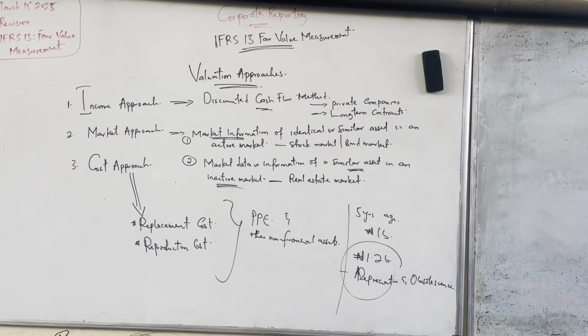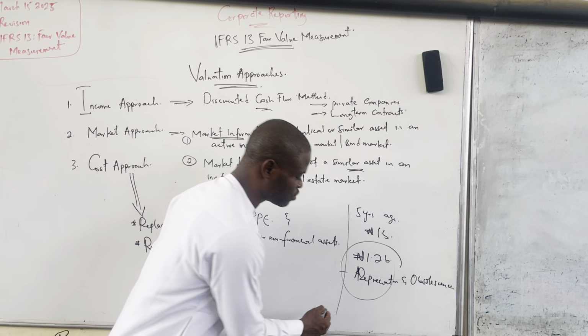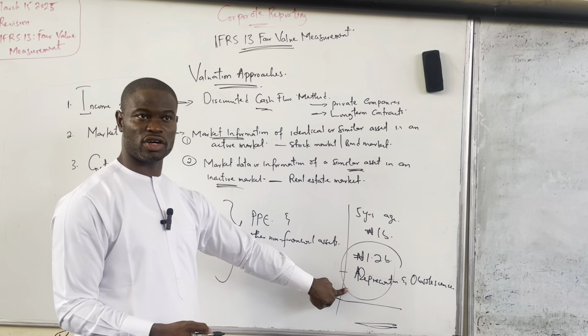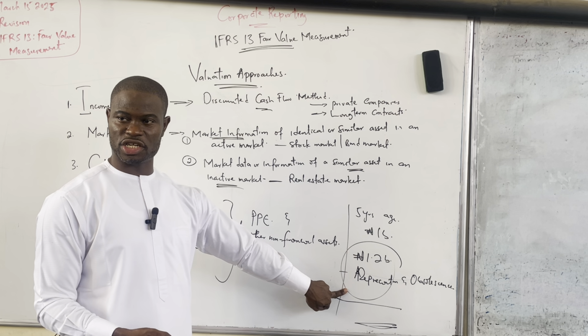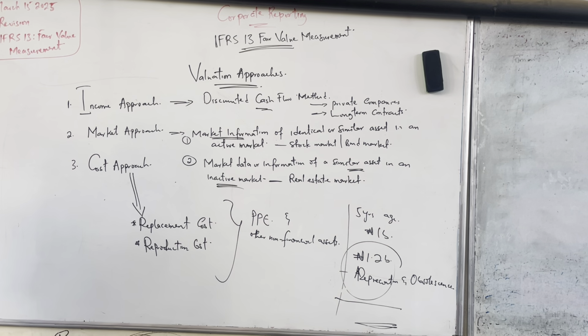So if the question gives you information, they gave you the cost, they gave you when you bought it, that means you should calculate depreciation on that, or obsolescence. Then by the time you remove depreciation on that same asset, whatever is remaining, so it's like the replacement cost minus depreciation that would have occurred on that asset. And that is the cost approach.